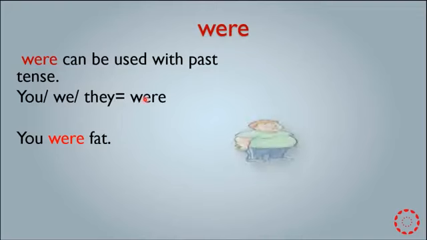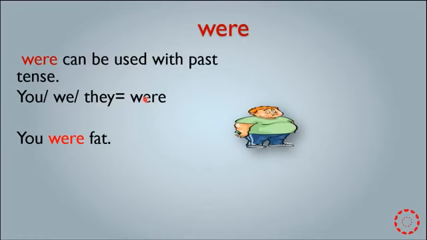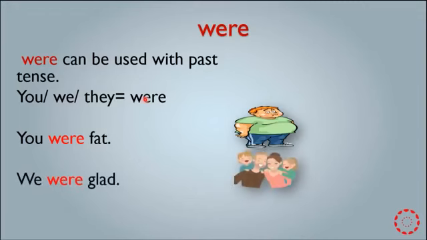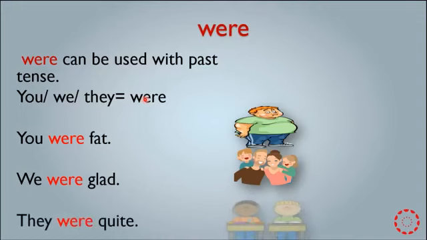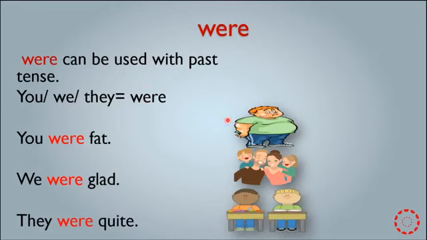See the picture of a man and we say you were fat. We were glad means we were excited, very happy. They were quiet. The students here sat calmly inside the class.